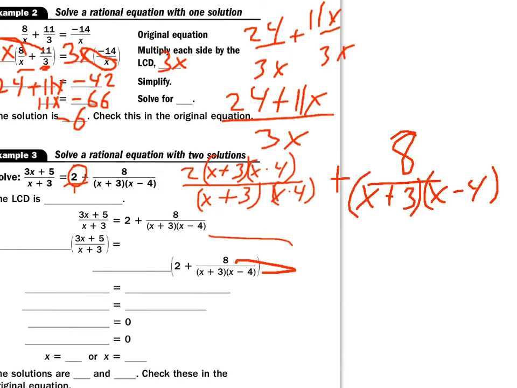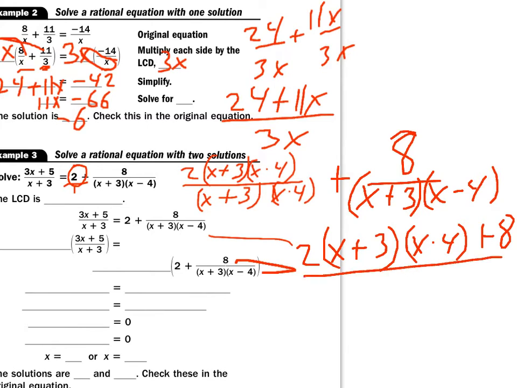And then when I add them up, I get 2 times x plus 3, x minus 4, plus 8, all over that common denominator that I had.